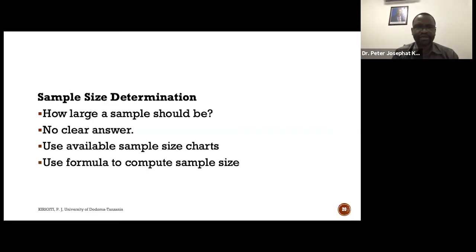So the most important thing is to consider these. As a researcher, you have to make the analysis, you have to present, and then you have to make a justification. We have some basics, of course. For instance, for the level of significance, we know that in many cases we make use of 5%.